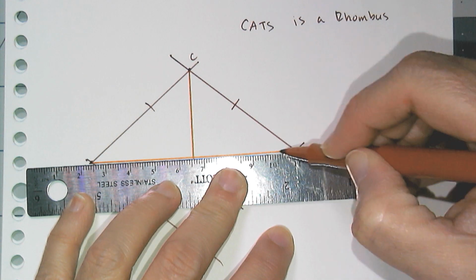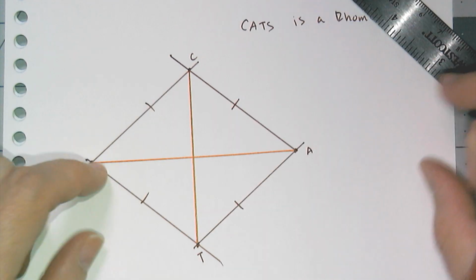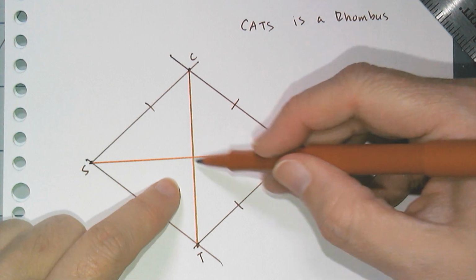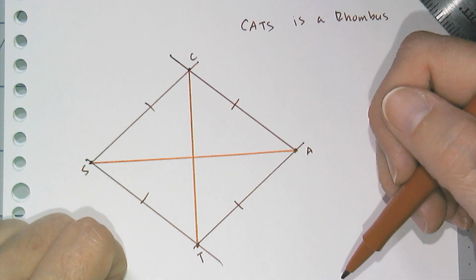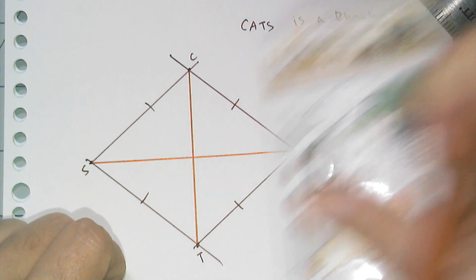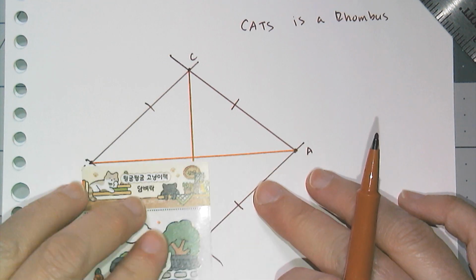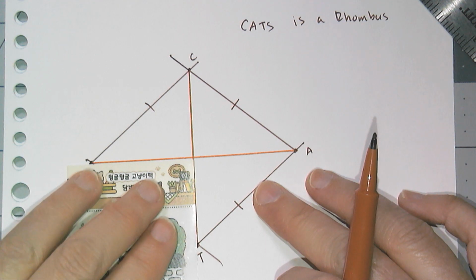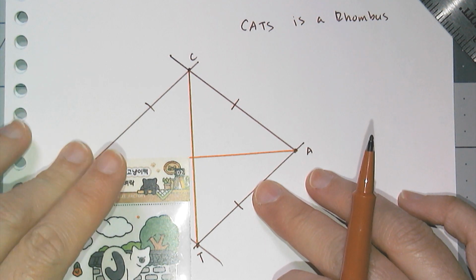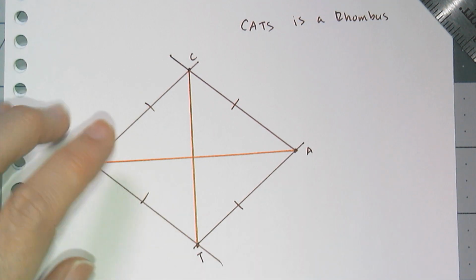And when I draw those diagonals in, I have my suspicions about what's going on with those two lines, and I can use a corner of a piece of paper to kind of see that, oh, looks like those angles are right angles, which actually is quite easy to prove as long as I remember this is a rhombus.